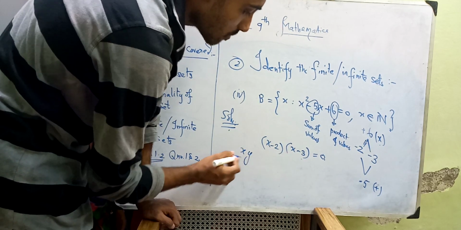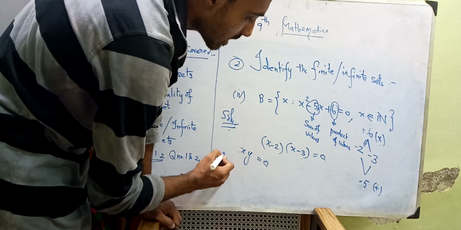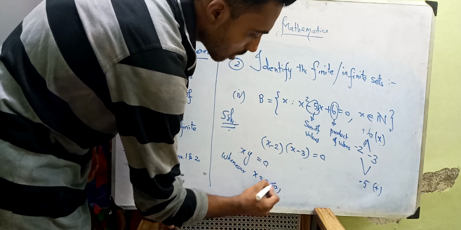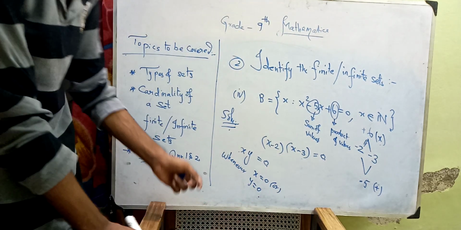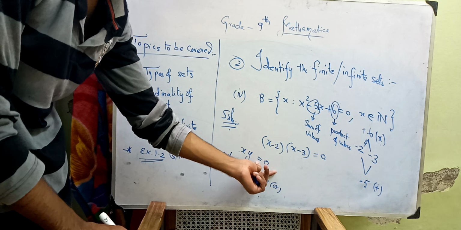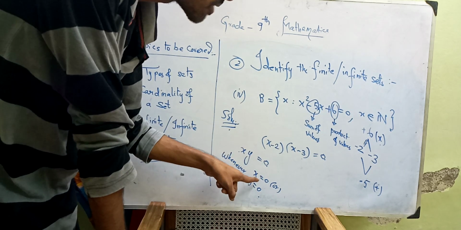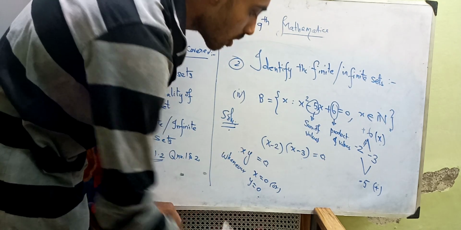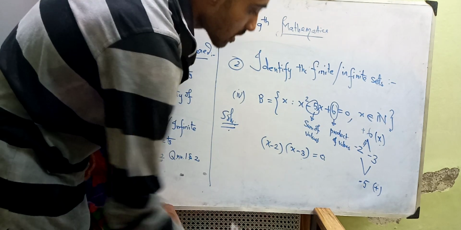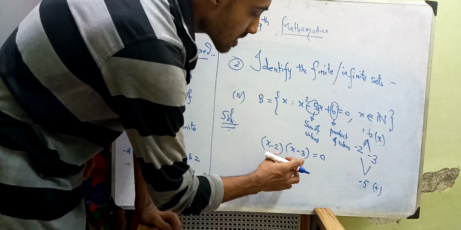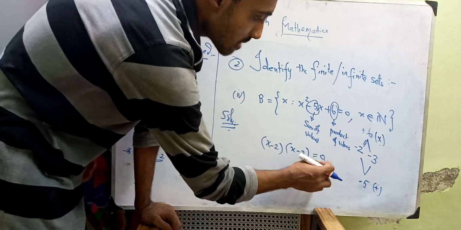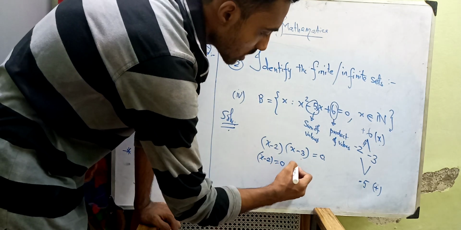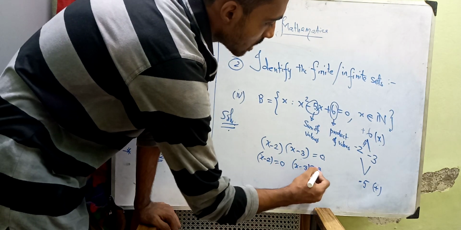generally in algebra we say x into y equal to 0 whenever either x equal to 0 or y equal to 0. Two numbers' product is equal to 0 if and only if x is 0 or y is 0. In the same way, when we multiply two numbers, if it is equal to 0, I can take x minus 2 equal to 0 and x minus 3 equal to 0.